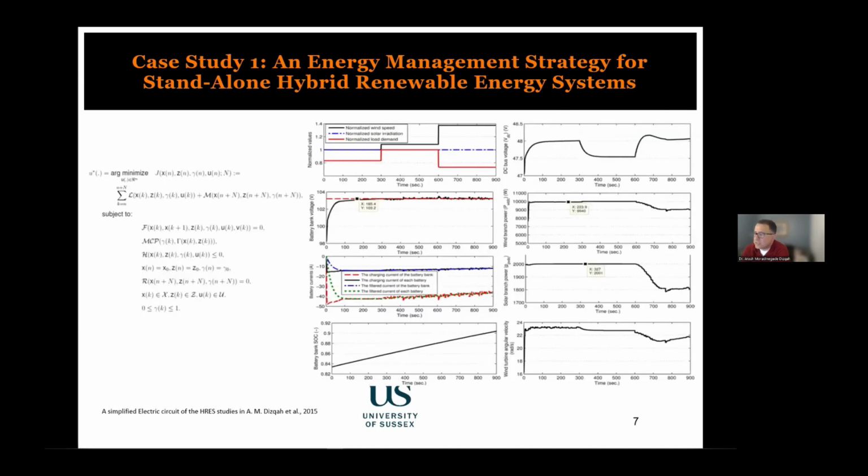As a result, we solved it, and you can see here the variation of the resources, wind and solar, and also the load demand, but still you can see that the voltage of the DC bus stays constant within a range.